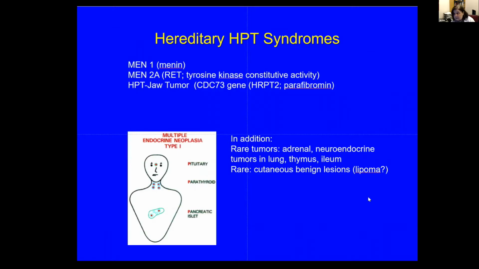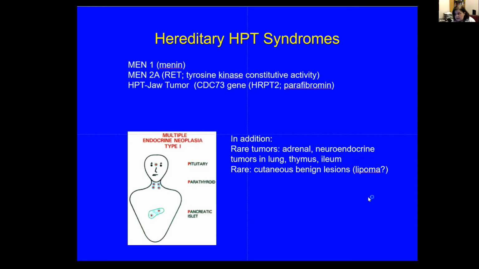The reason for such a young patient to have hyperparathyroidism is usually a hereditary disease, either MEN1, MEN2, or hyperparathyroidism-jaw tumor syndrome. In addition, you can spot other endocrine or non-endocrine tumors, and you would memorize the pituitary, parathyroid, and pancreatic, the three Ps.